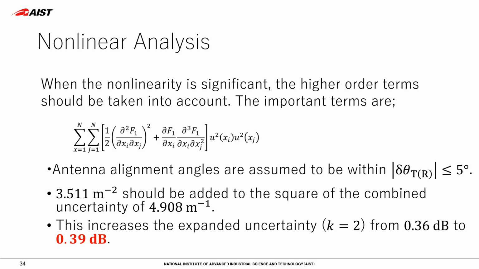This increased the expanded uncertainty from 0.36 dB to 0.39 dB. Since we report expanded uncertainty to the first decimal place, the angle effect can be considered negligibly small for this case.